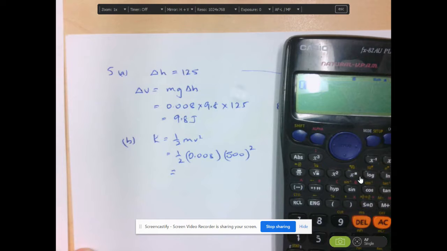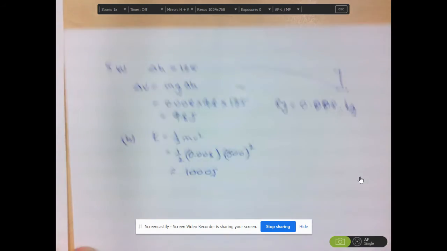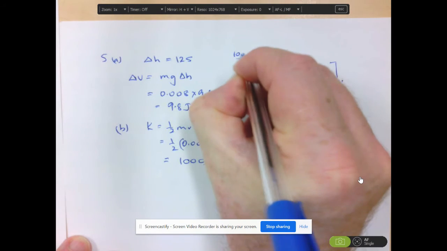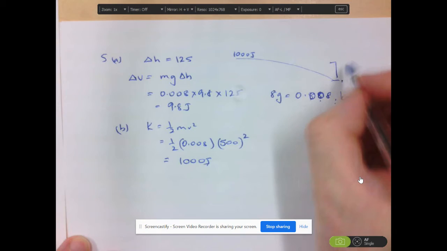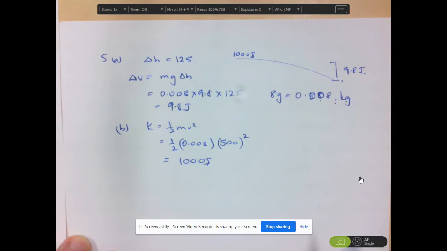So that's 0.5 times 0.008 times 500 squared, and that's 1,000 joules. Okay, so it's got 1,000 joules when it leaves the gun, and it gains another 9.8 joules as it drops.